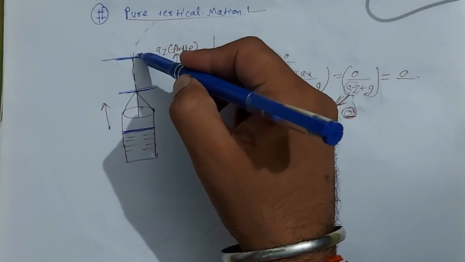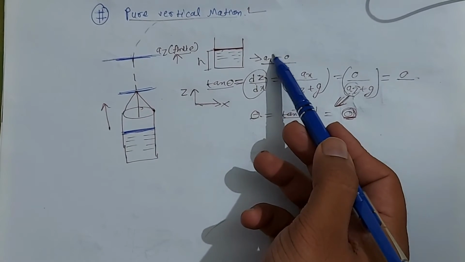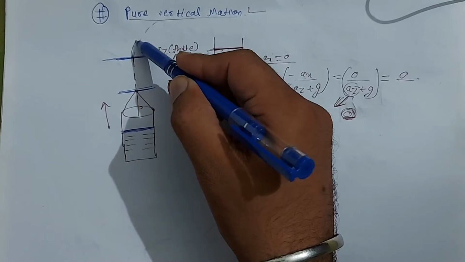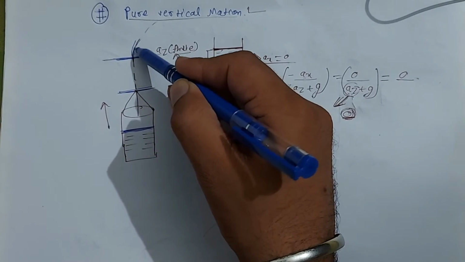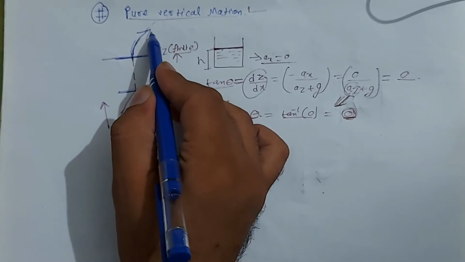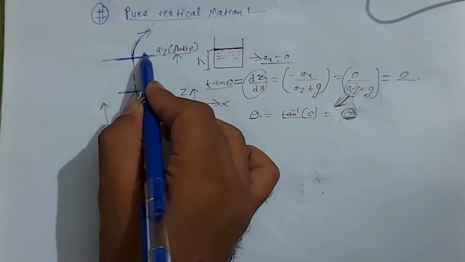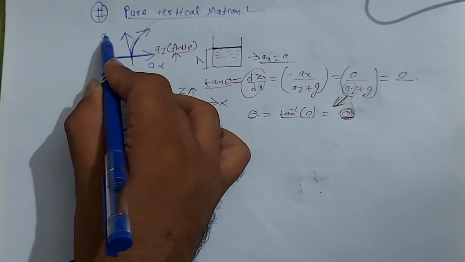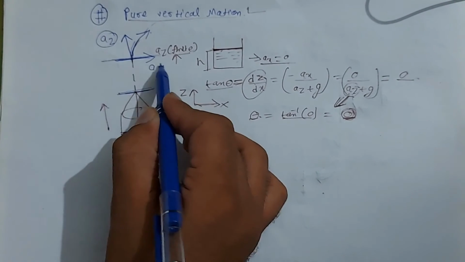But when the rocket takes this curved path, the direction of acceleration is this, and this acceleration has two components now, ax and az, the general case that we have discussed.